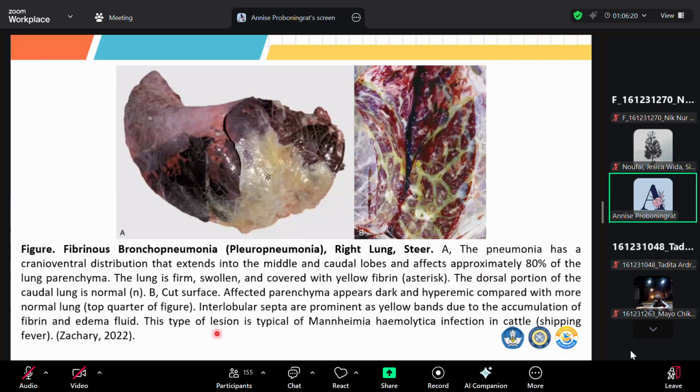This is fibrinous bronchopneumonia or pleuropneumonia gross lesion.